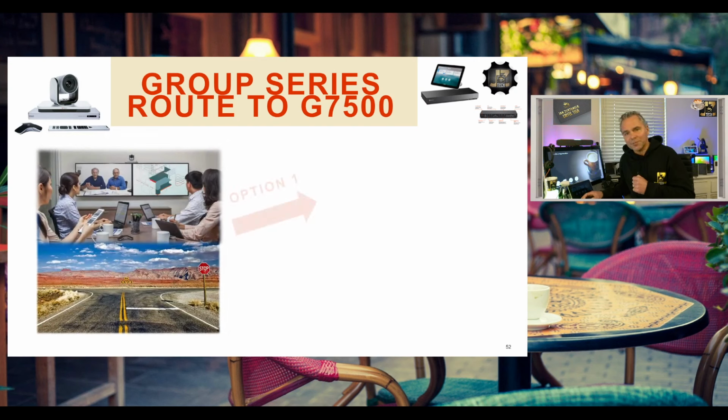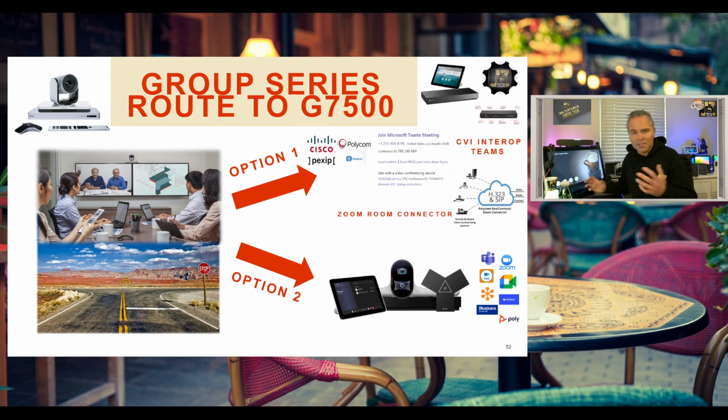The next option is to switch from the Group Series to the G7500. There you have different applications. You can even use it with H323 and SIP, so that is also available on the G7500. But you can also run one of those applications and start using that. So that is something you always need to investigate: do you want to go native or do you want to use interop?